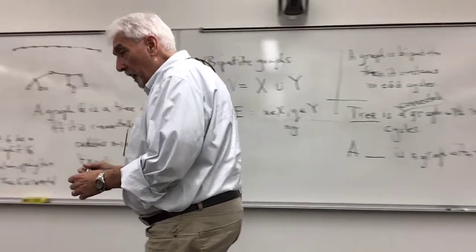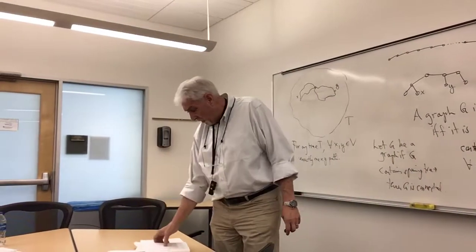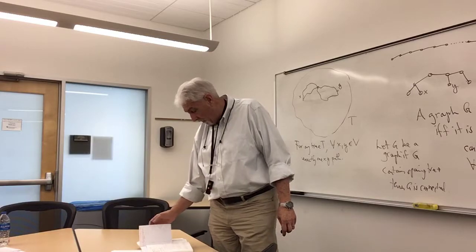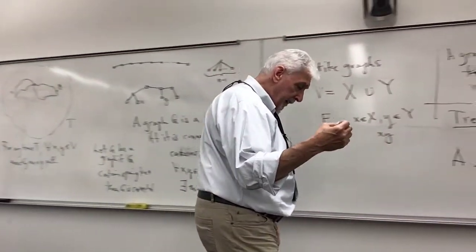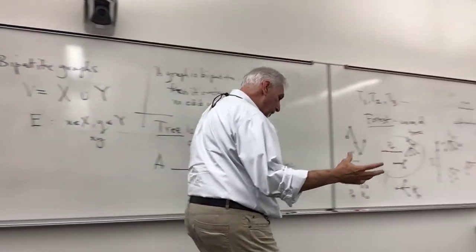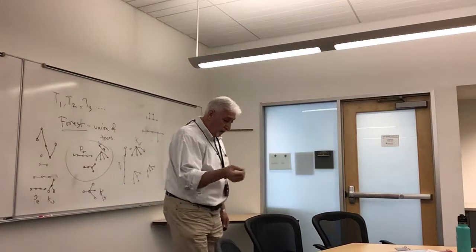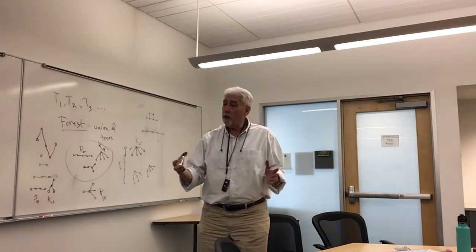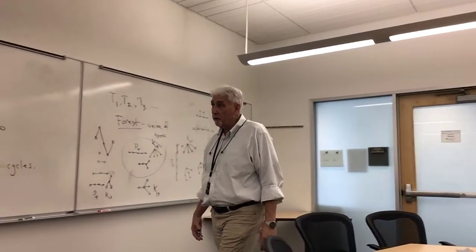Okay, questions about that? Again, for applications as we move on, we'll see more of these trees pop up as a way to get to the root of especially connected graphs. If you're trying to do something with a connected graph, we're going to want to look at an underlying spanning tree.